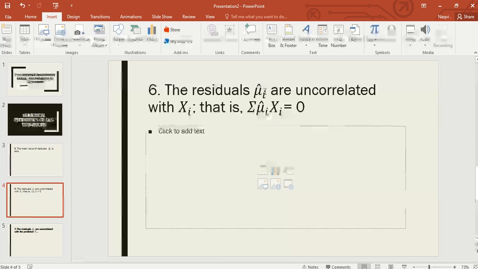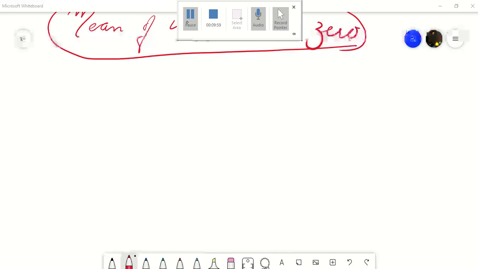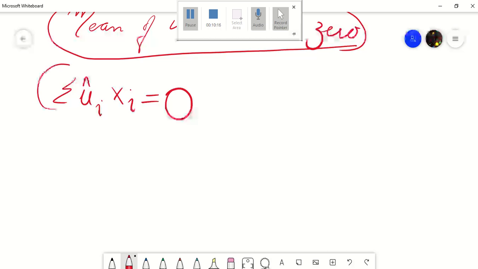Summation mu i hat xi equals 0 is what we need to prove.